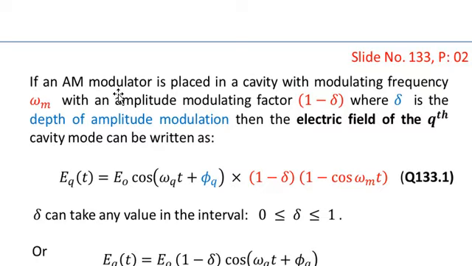This amplitude modulator is oscillating with a frequency omega m, so that's why m stands for the modulating frequency. The amplitude modulating factor is 1 minus delta, which I shall explain later, and delta is the depth of the amplitude modulation. Then the electric field of the qth cavity mode can be written as.